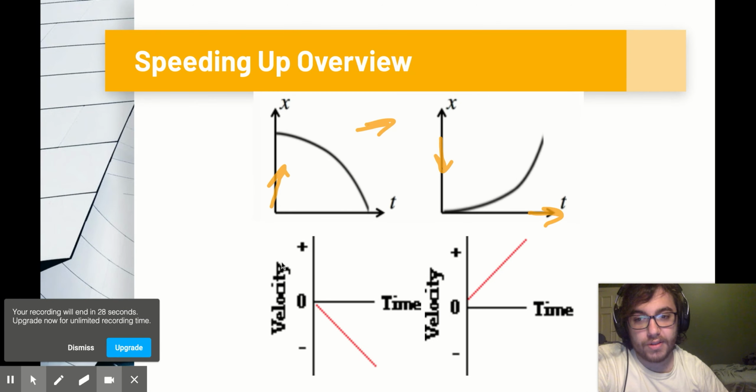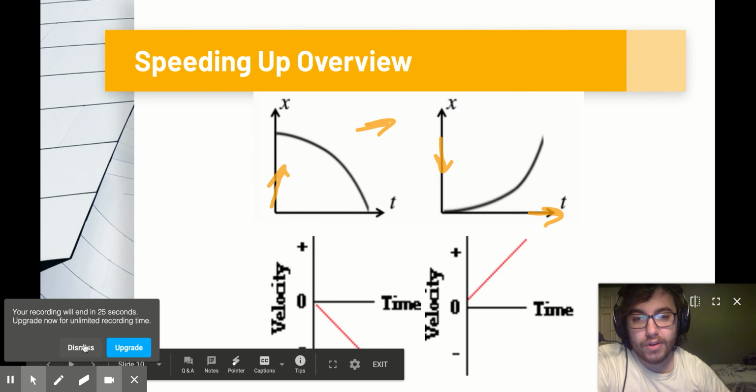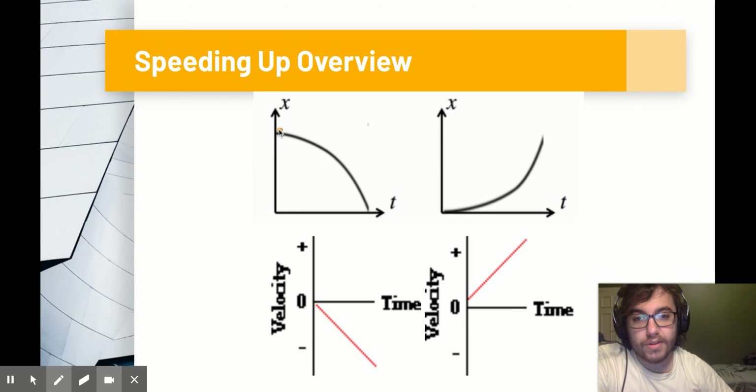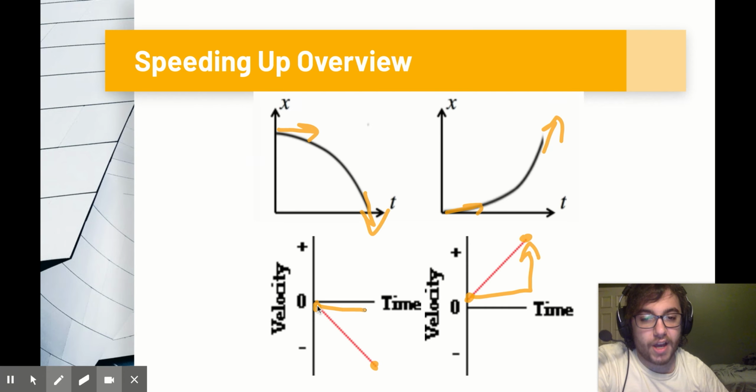Last one, for speeding up, we have something that is the opposite, where it's small, big, small, big, small, big. Acceleration is constant, going in.